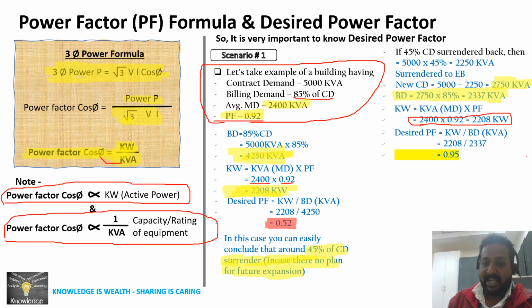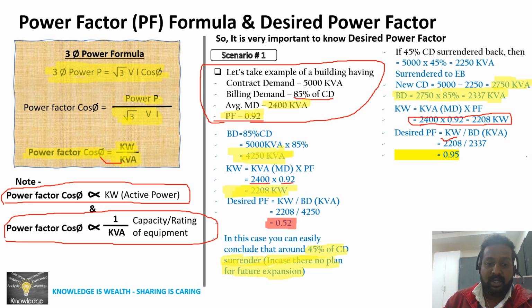Next, we need to calculate the desired power factor in this scenario with the new billing demand. The desired power factor is equal to kilowatt by kVA, where we take the billing demand. Our kilowatt is 2208 kilowatt and our new billing demand is 2337 kVA.